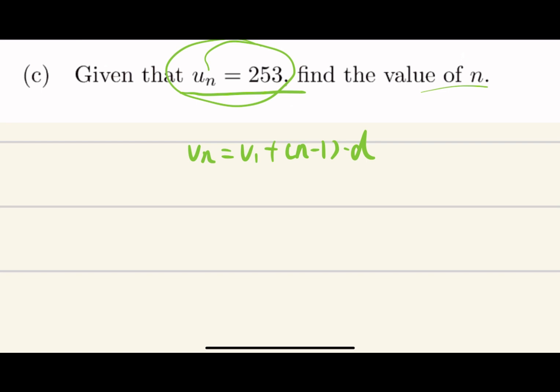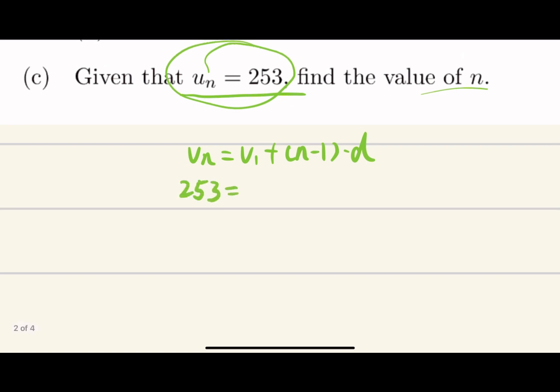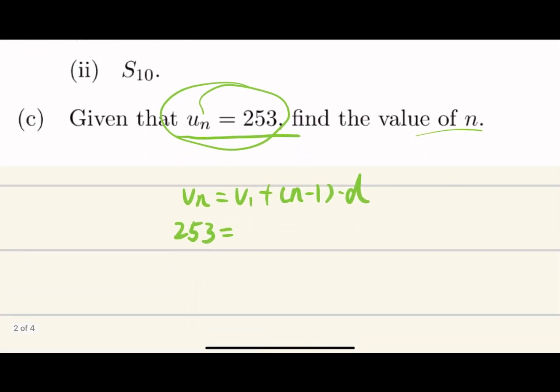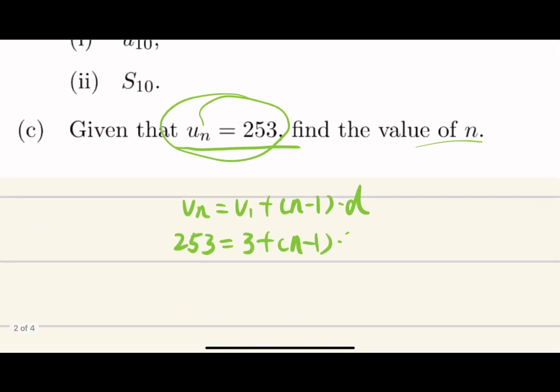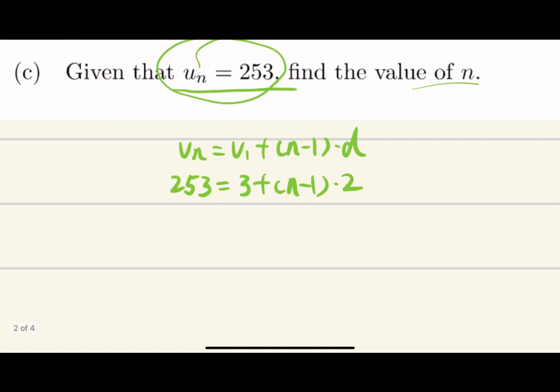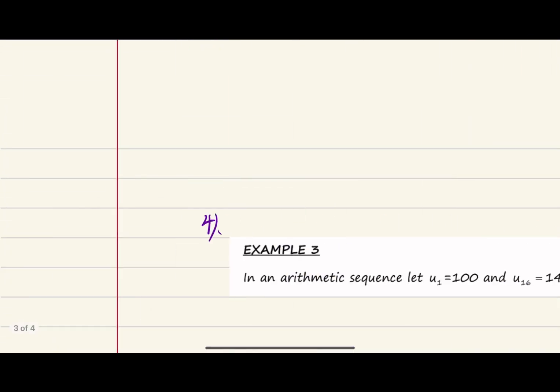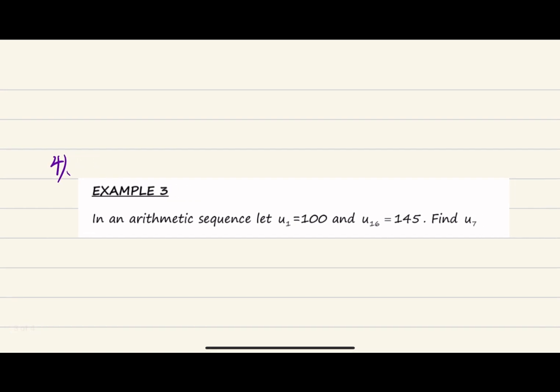Okay, this is what we know. And then u1, what is u1 again? I have fish memory, really. Okay, 3 plus n minus 1 times common difference. What is common difference? 2. Okay, so here, you have one unknown and you have one equation, so you can solve for the unknown. And I'm not going to do that here because I'm trying to save more time for our video, or the video is going to be too long.